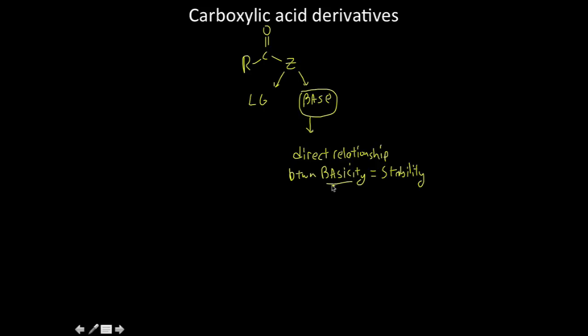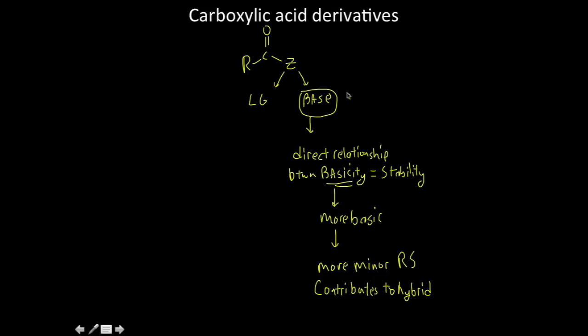Also, something I really wanted to note: as things become more basic, I know this is really abstract, but I promise you it'll make sense. The more basic Z is, the more the minor resonance structure contributes to the resonance hybrid.